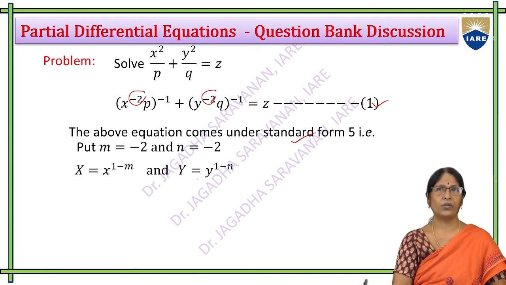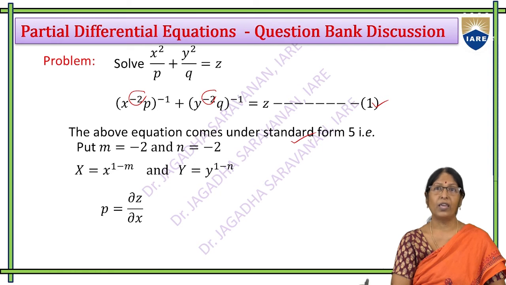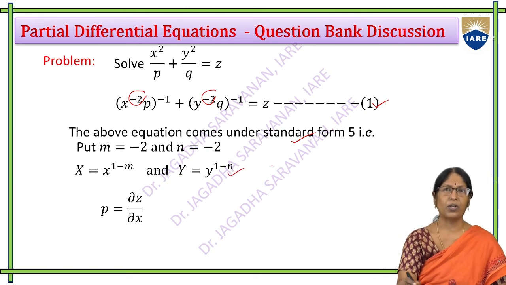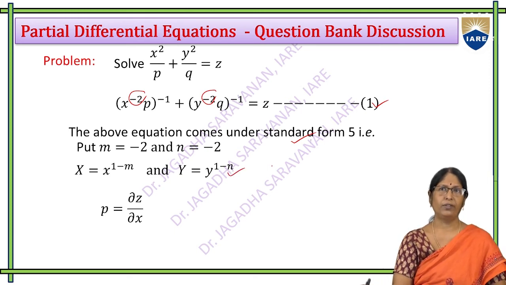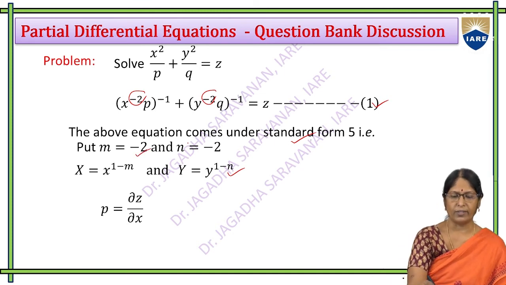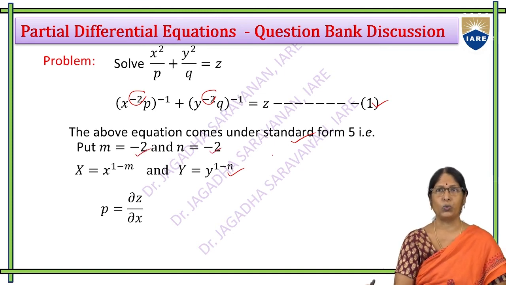If 2 conditions are there, case 1, if m and n equal 1, our assumption will be different. If they are not equal to 1, now our case is m and n minus 2, that is, they are not equal to 1.